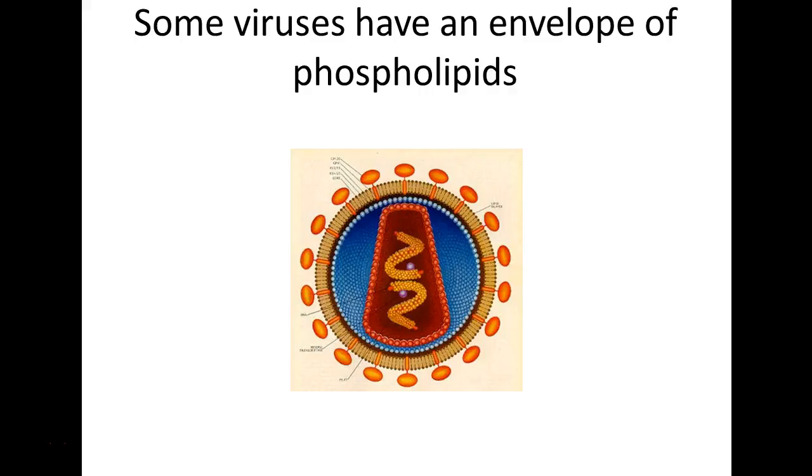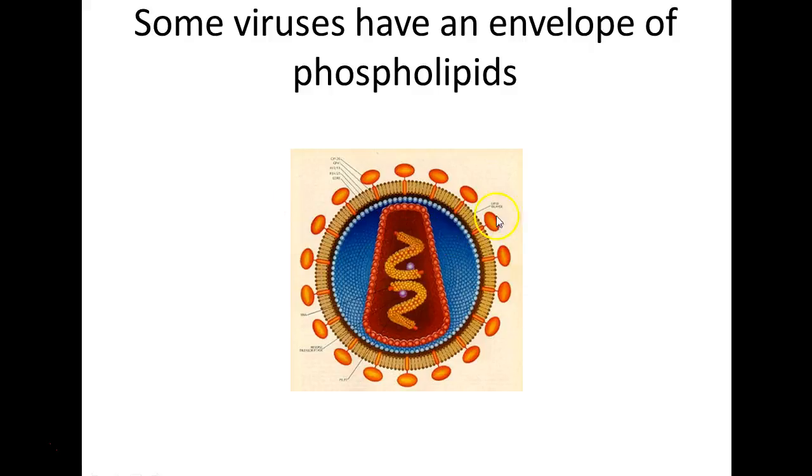That phospholipid bilayer is pinched off of the host cell as the virus busts out of that cell, and as it leaves, it takes a pinch of the host cell's membrane along with it.